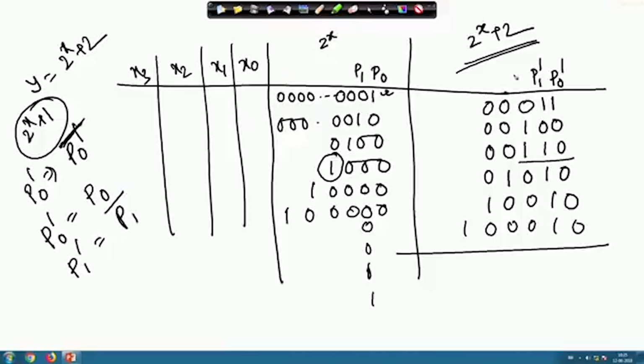Now, if I consider this P 2 dashed, how is it changing from 2 to the power x? So, here also you see the same trend that we have observed in the 2 to the power x plus 1 case. In that case, for this particular bit position, initially there was 0, then there was 1, then the rest of the bits were 0.